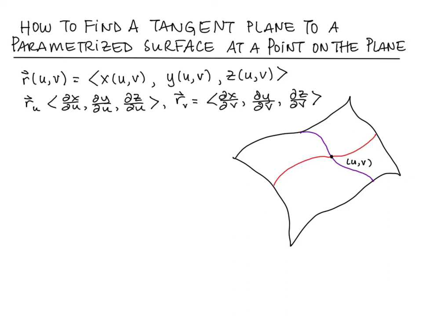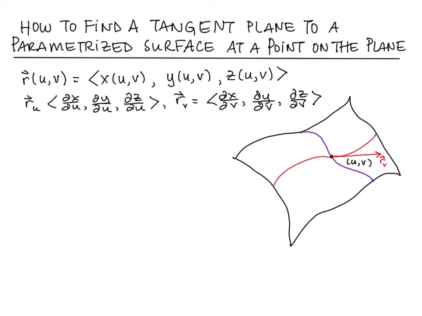Along my red line, let's let this be the curve where u is held constant and v is varying. So this vector here, let's say that we're going this way. Let's call that R sub v. Again, the curve where u is constant and v is varying.